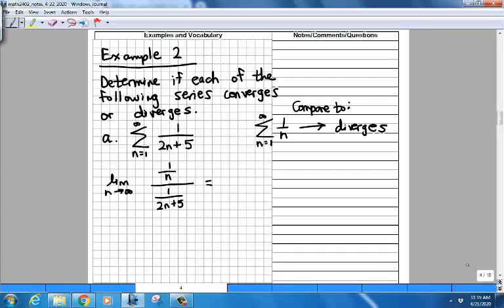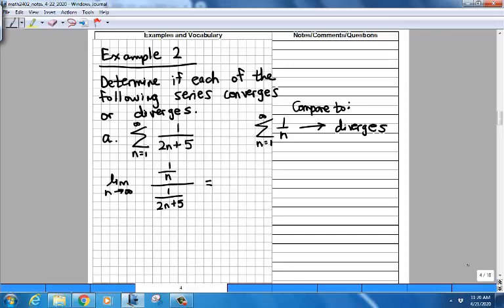Okay, so let's take a look at an example of using the so-called limit comparison test. What we're trying to determine is, does the series 1 over 2n plus 5 converge or diverge? First, just like with the direct comparison test, we have to decide if there's a series that we know something about that we can compare this series to.